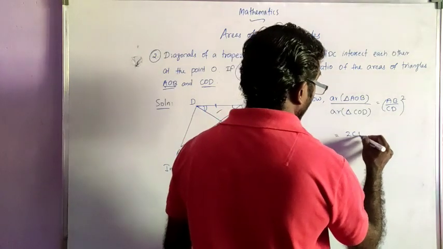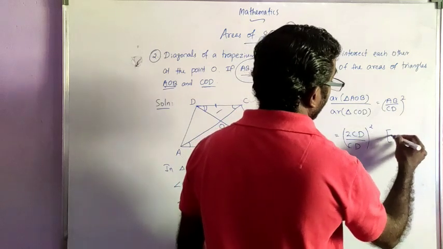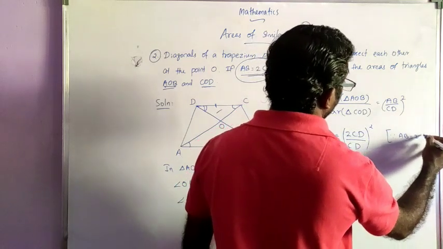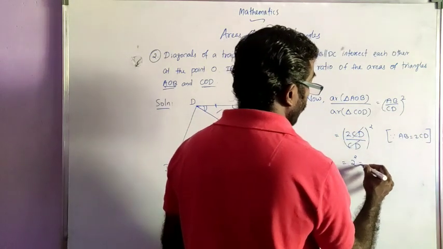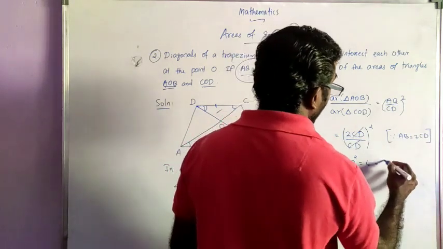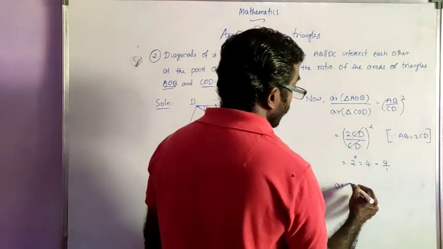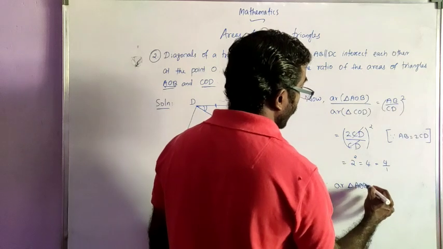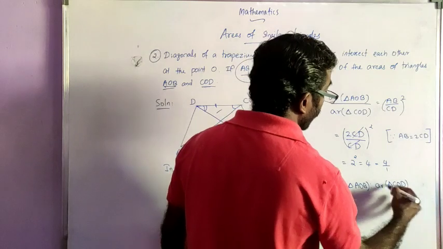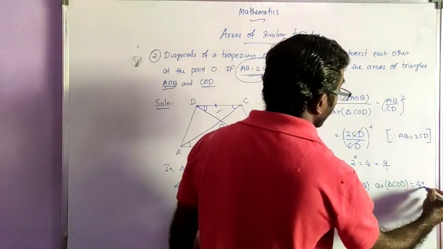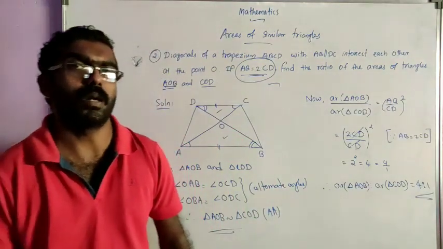So 2CD divided by CD the whole square. CD and CD you can cancel. 2 square is equal to 4, or 4 can be written as 4 by 1. Therefore we can write the ratio of area of triangle AOB to area of triangle COD as 4 is to 1. So the required ratio is 4 is to 1. Clear?